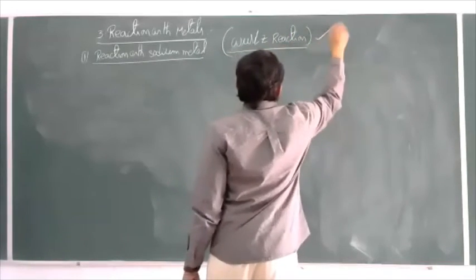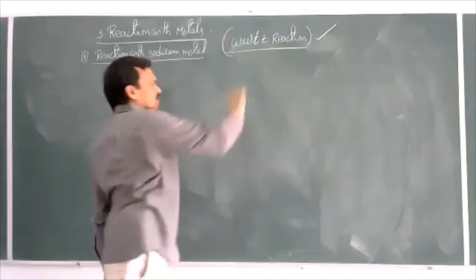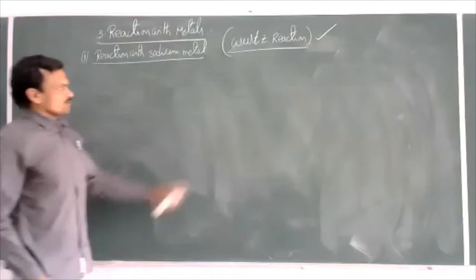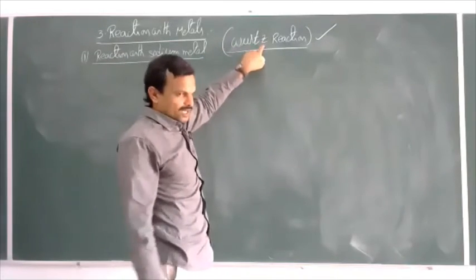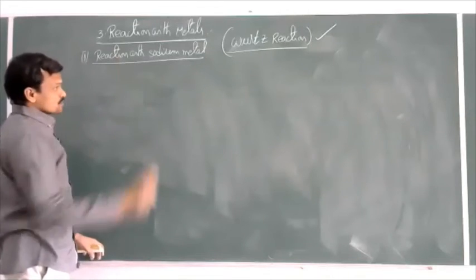And this is an important named reaction, so frequently they ask it in examinations. In first PUC also you have studied this equation, the Wurtz reaction, in the preparation of alkanes from haloalkanes. Right. So what is the Wurtz reaction?